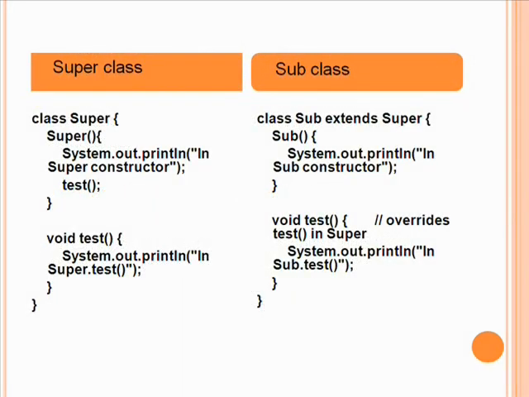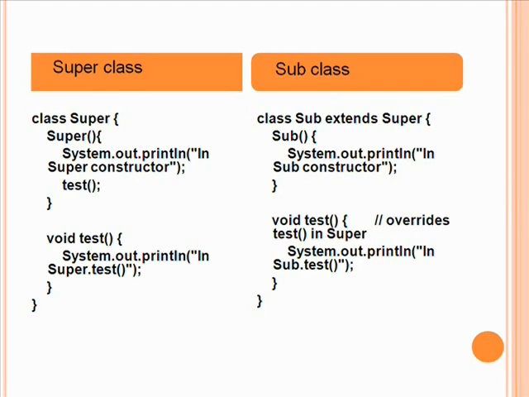According to this code, if we create an object of type sub, it will invoke the subclass's constructor. In each constructor, the first line is a call to the superclass's constructor. Therefore, once it calls the superclass's constructor, it will print in superconstructor and call the test method. Now, which version of the test method will be called here?